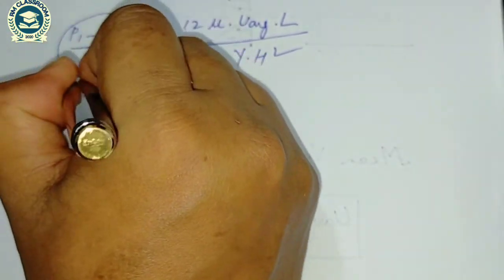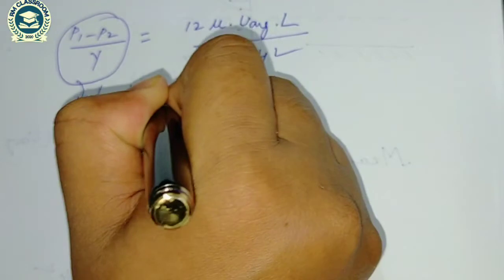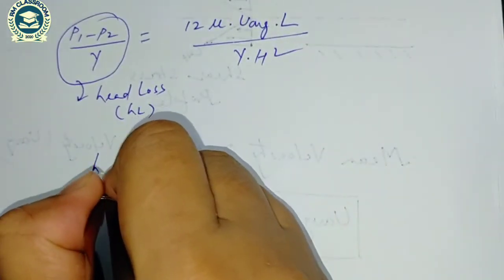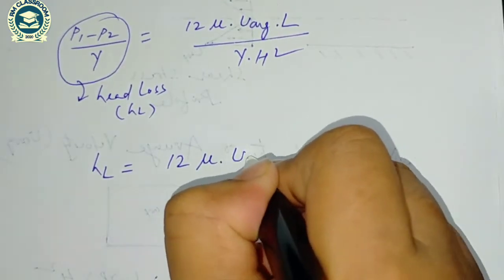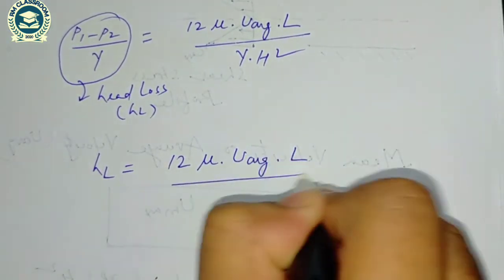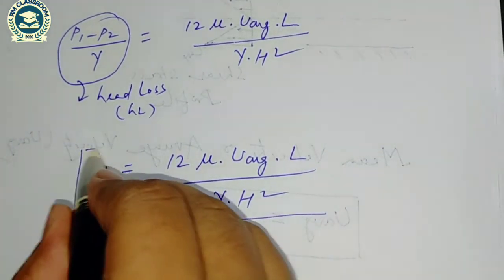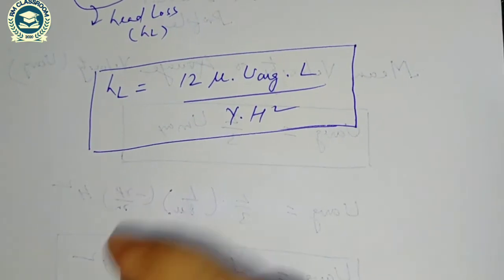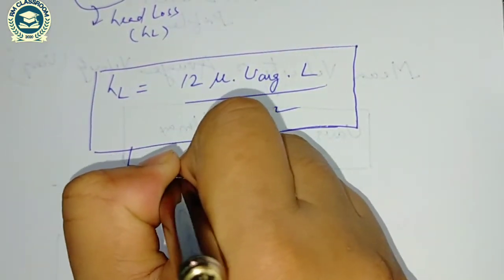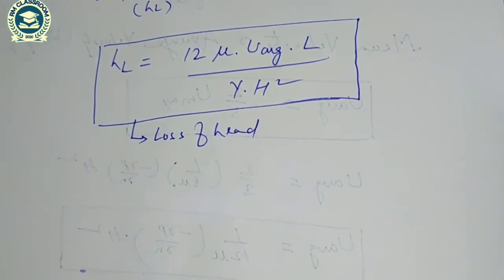So this is our head loss HL. So HL is equal to 12 mu into u average into L divided by gamma into h square. This is our expression of head loss between the parallel plates.